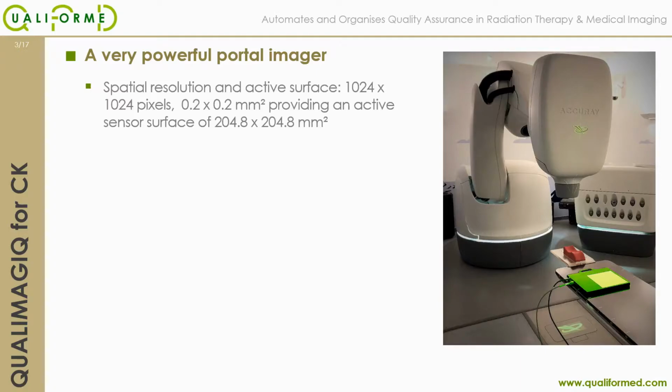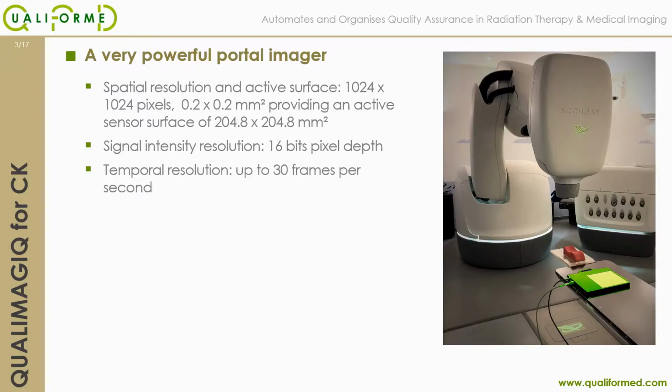This surface is quite adequate to cover the radiation beams produced by the CYBERKNIFE device. The imager also has a very extensive range of signal intensity, because the signal is coded in 16 bits, with very good temporal resolution, being capable of processing 30 frames per second.